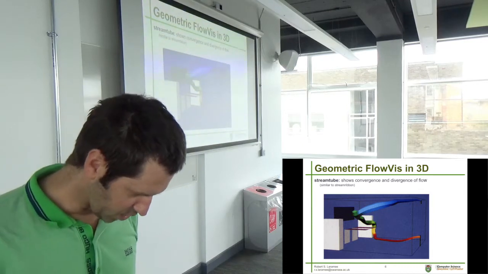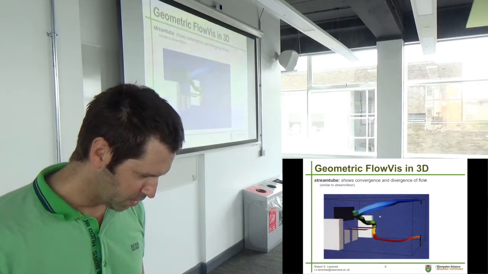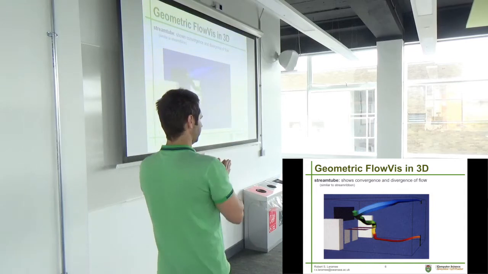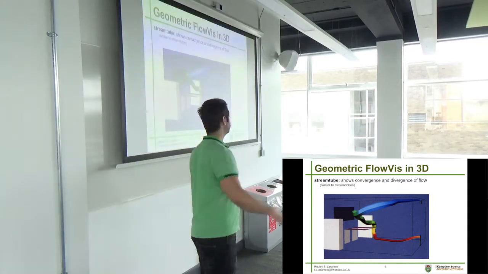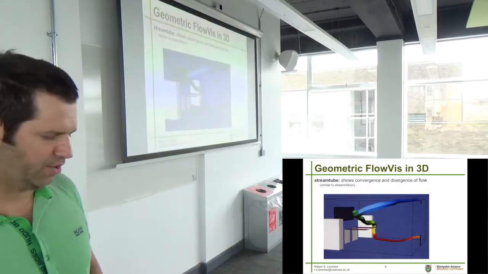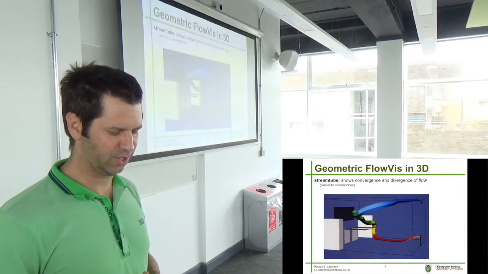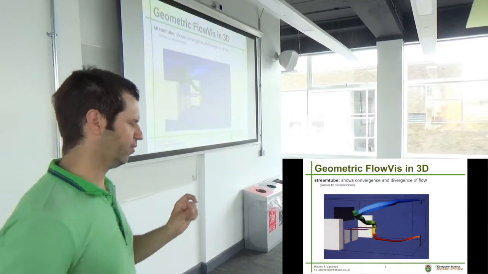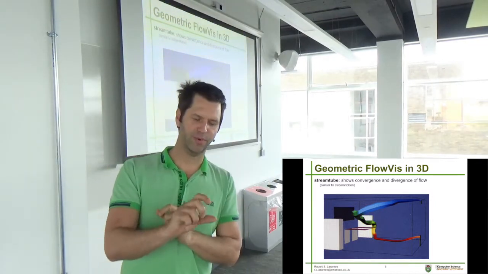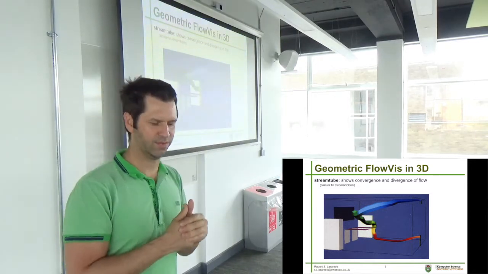In this case, it looks like a 4-sided polygon, and this is going to show convergence in this direction and divergence of the flow a little bit more clearly than, say, a streamline. And if we don't normalize it too much, then we can show more information than a stream ribbon, because a stream ribbon is really supposed to have a fixed width. So it shows the rotational properties, but not necessarily the divergent and convergent properties of the flow.